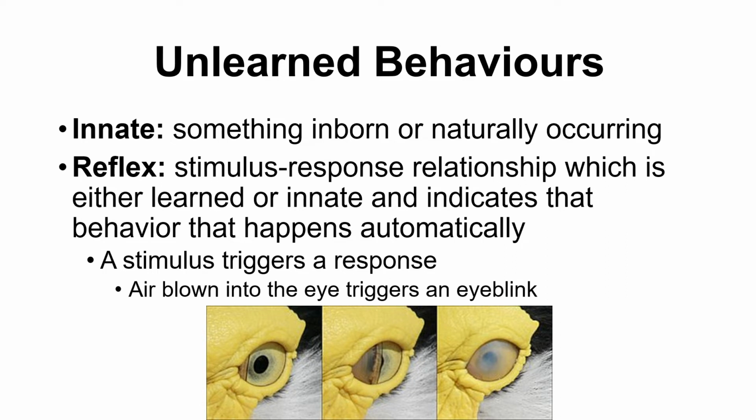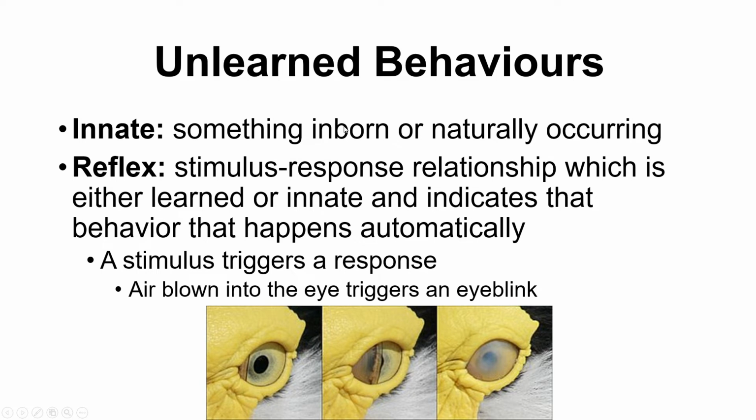But there are some that we maintain even as we're adults. So we'll sort of startle when we hear loud, sudden noises. We'll withdraw very quickly if we accidentally touch a hot object, and things like that. So there are lots of different types of reflexes, some very, very simple, some a little bit more complex.